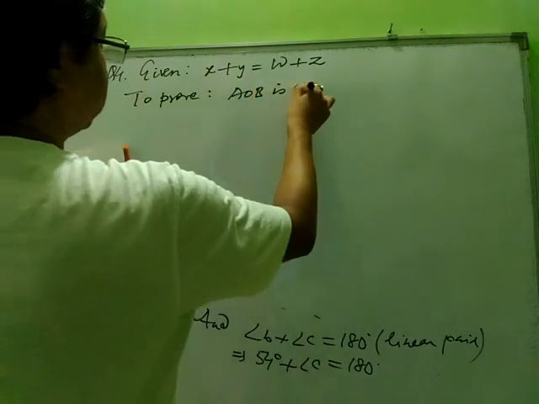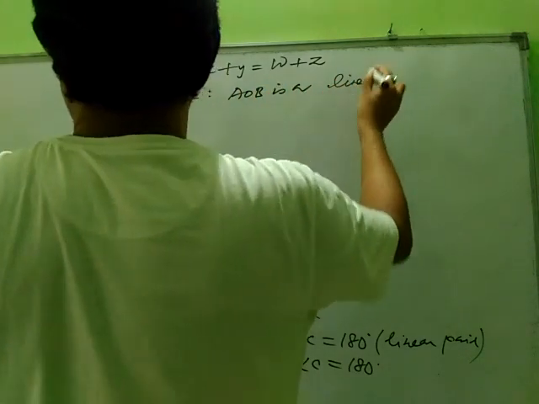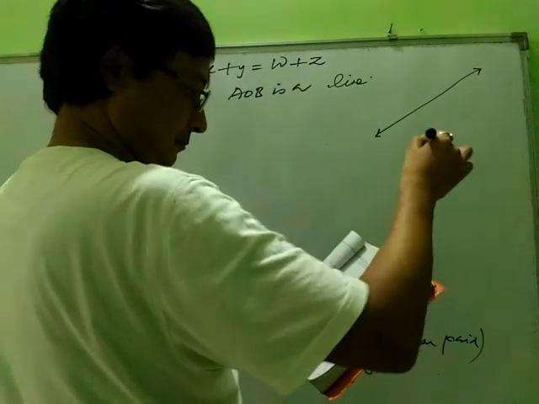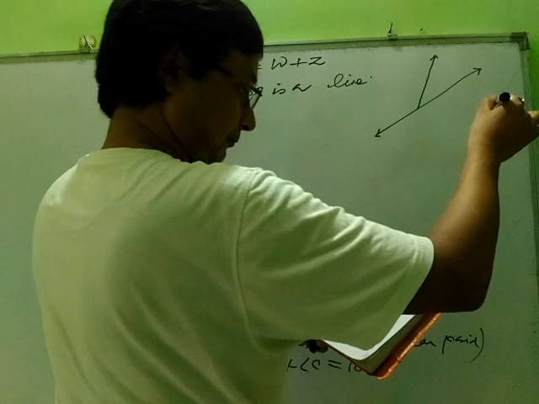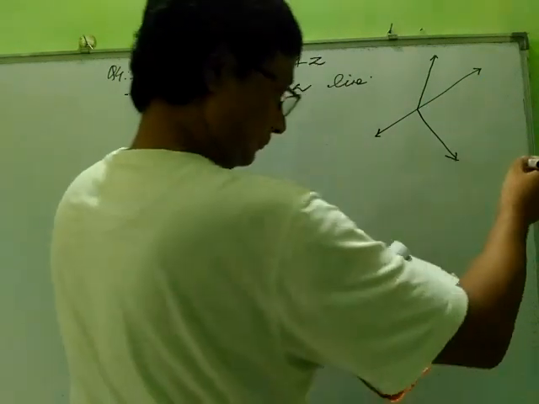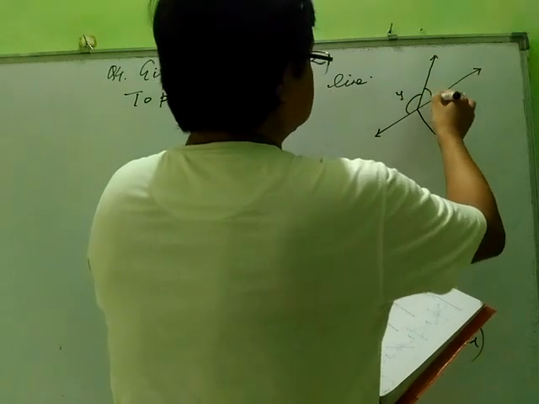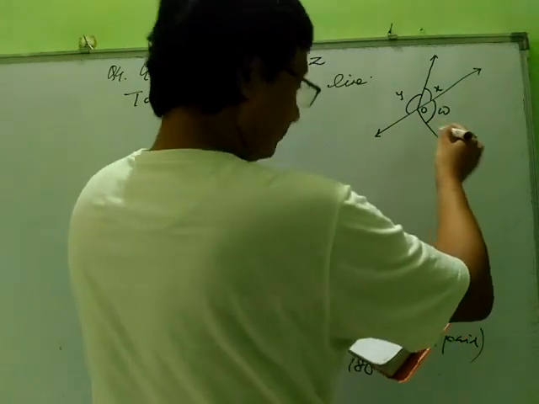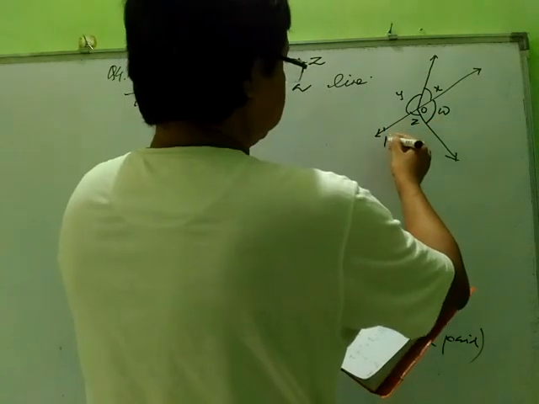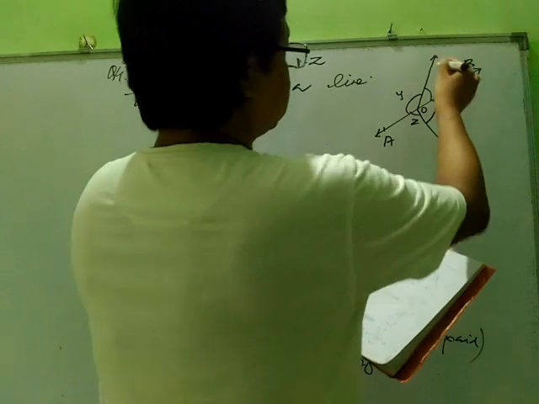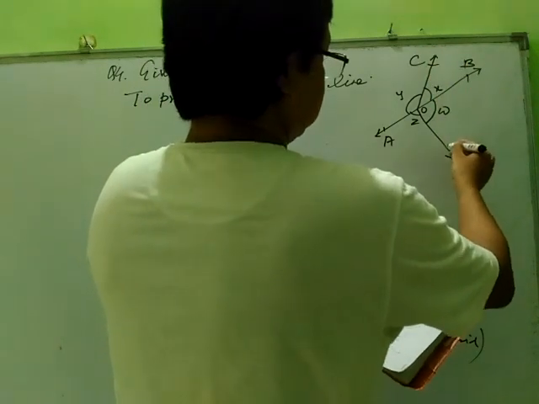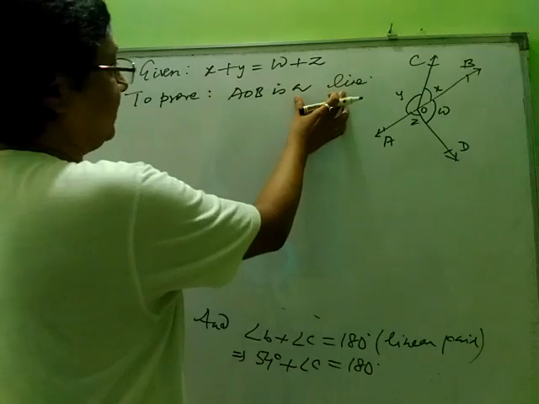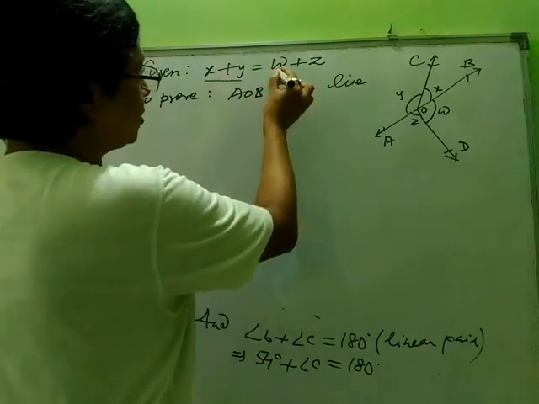AOB is a straight line. Here the drawing is given. They have given that x plus y equals w plus z.